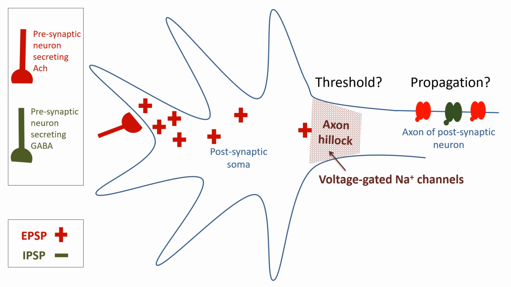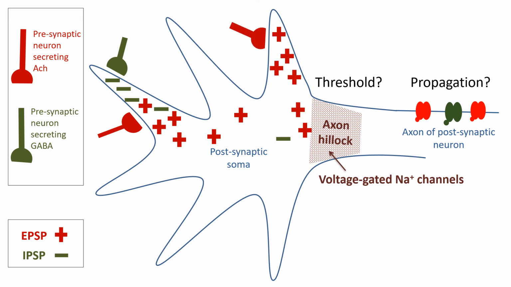That's going to diffuse towards the axon hillock. Not enough yet to reach threshold. And then we counteract that with an IPSP, creating an area of hyperpolarization that is counteracting that EPSP.